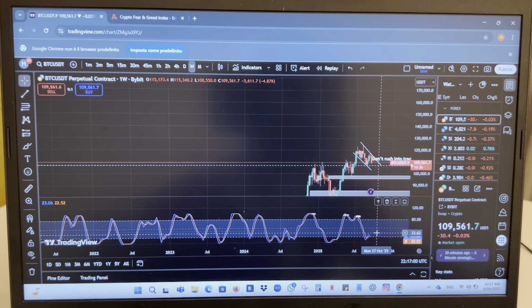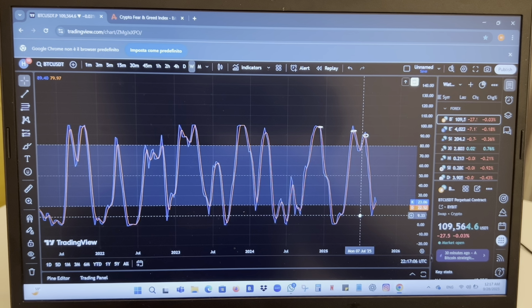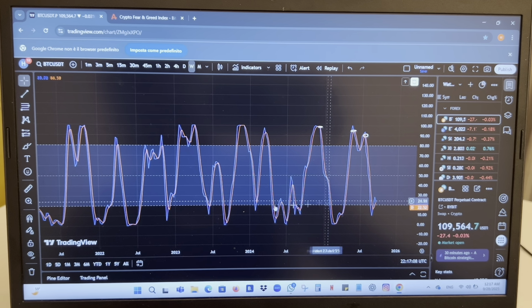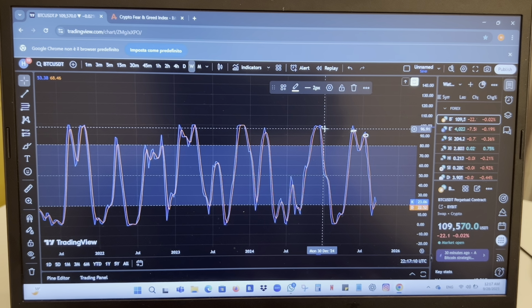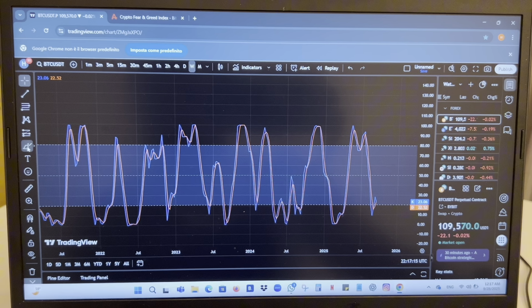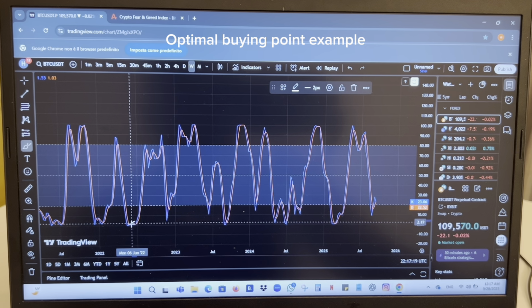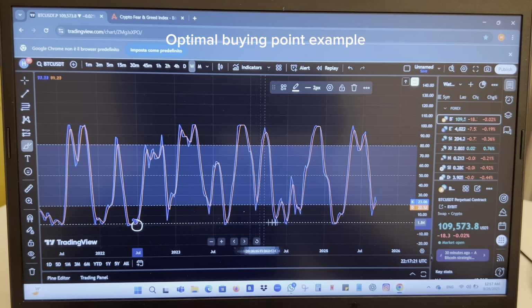And let me give you guys an example for the optimal buying point. So the optimal buying points are right over here. We'll get rid of these markers for now. This is an optimal buying point.